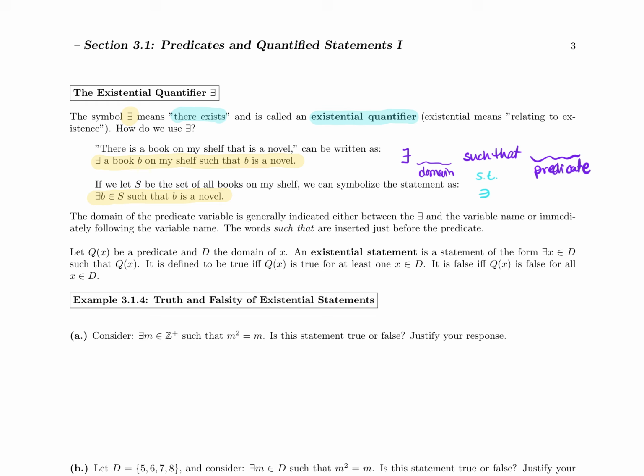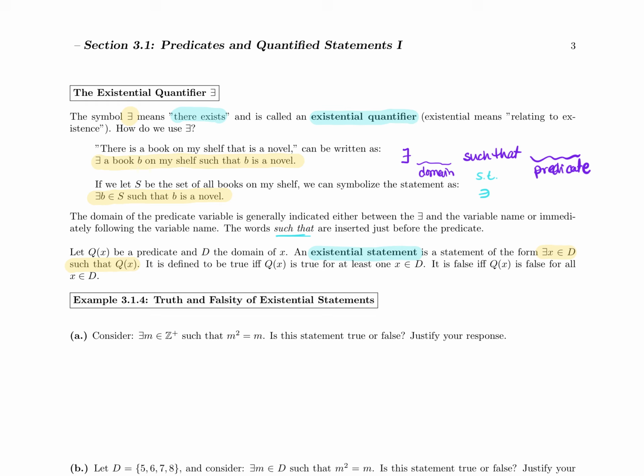So here, the domain of the predicate variable is generally indicated either between the there exists symbol and the variable name, or immediately following the variable name. The words such that are inserted just before the predicate. If we let Q of x be the predicate and D be the domain of x, then our existential statement is a statement of the form there exists some x in domain D such that Q of x is true.